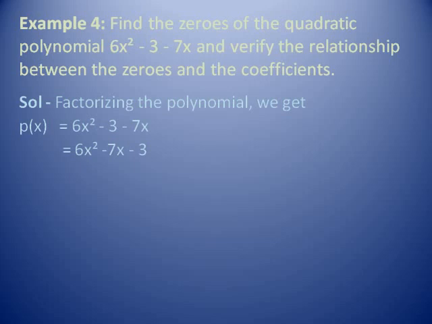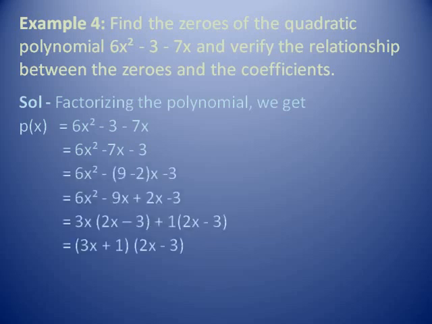We will write it in the descending order of the exponent, so it becomes 6x square minus 7x minus 3. Now we have to split minus 7 such that the sum of the two terms should be minus 7 and the product should be 6 into minus 3, which is minus 18. Thus the required two terms are 9 and minus 2.